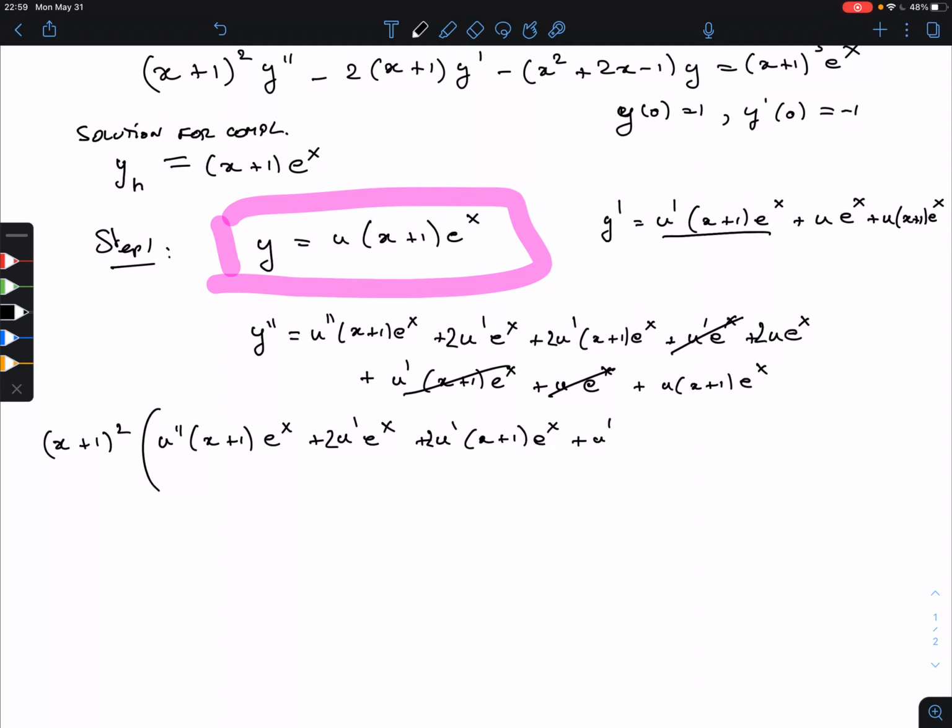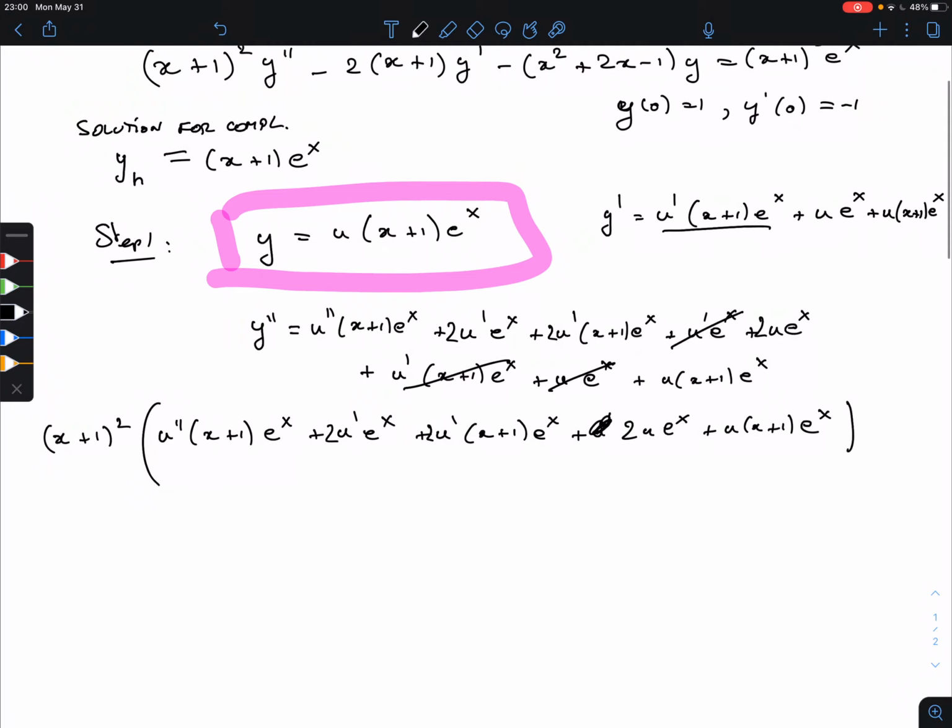And we have seen this, right? This happens all the time. 2u e^x, well, that one perhaps is a little bit more surprising. And then plus u (x plus 1) e^x. Then minus 2(x plus 1) y prime.